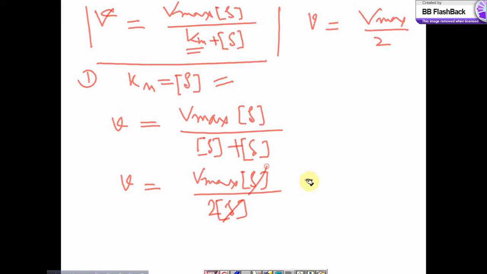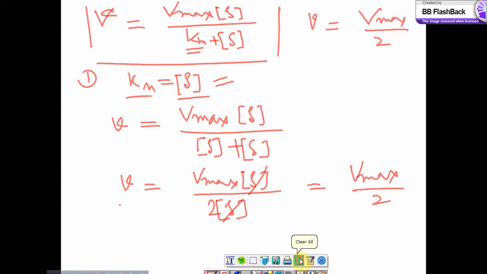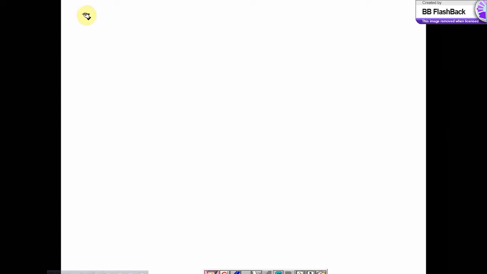You cancel S, and you can write v is equal to Vmax by 2. So we can straight away understand that Km also gives a hint on the substrate concentration. If the substrate concentration and Km are equal, the velocity of the enzyme will be half of the maximum velocity.